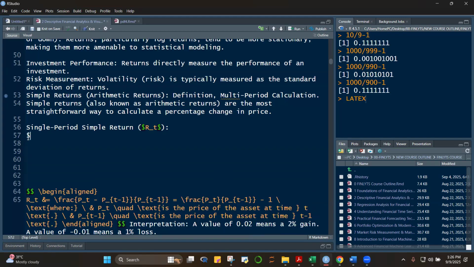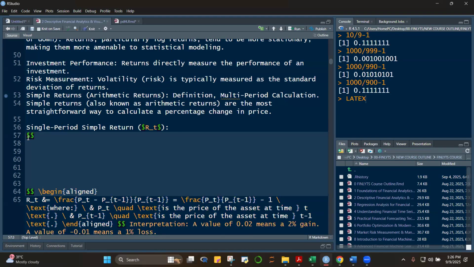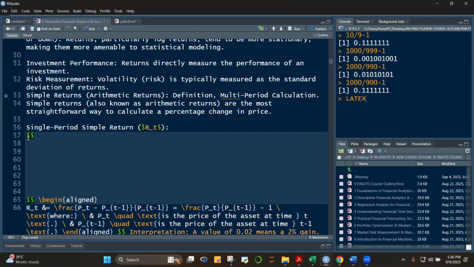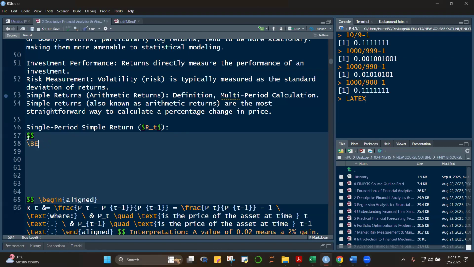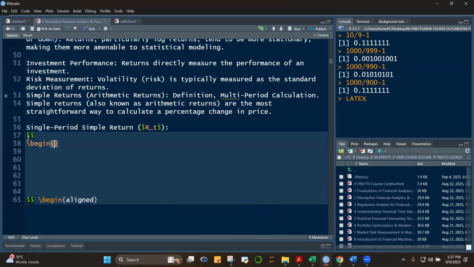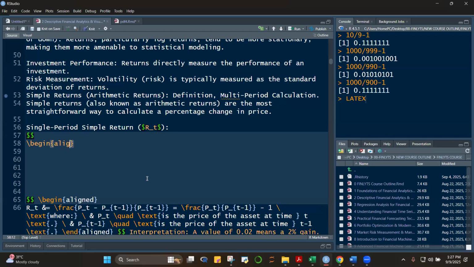So first write $, and control enter, and then backslash begin, small letters only, begin aligned. Okay, I know my students before are already familiar with this, but I hope you'll be patient because many of your classmates are new to this. Begin aligned.